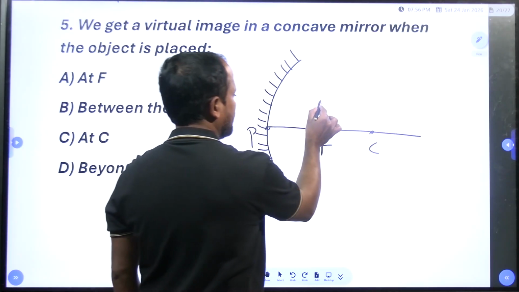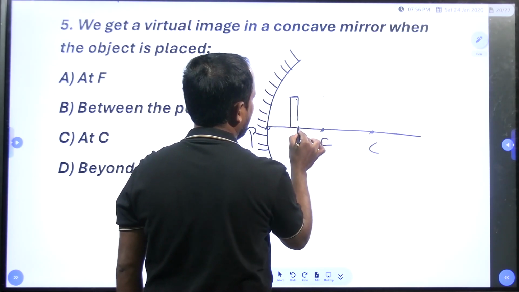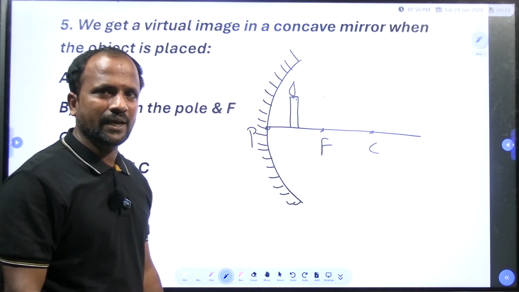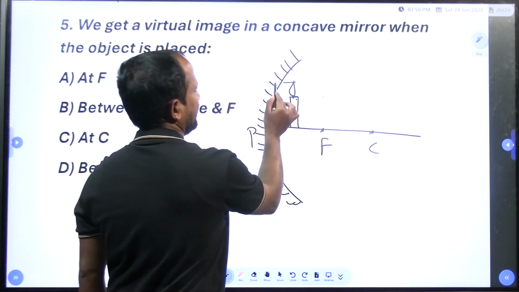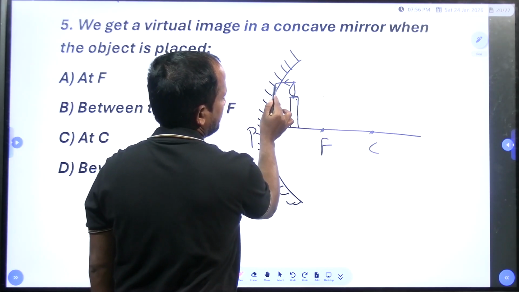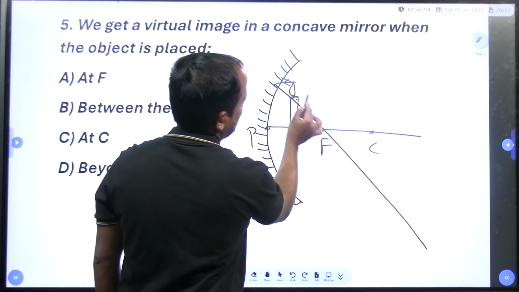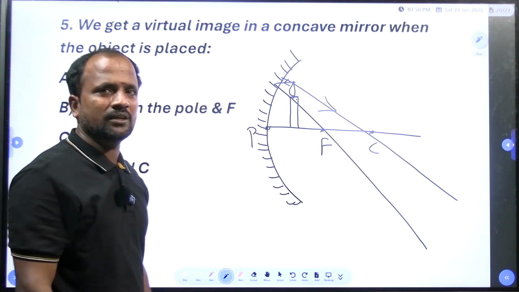If you take the object between F and P, focus and pole, the parallel ray passes through the focus after reflection, and one more ray passes through the center of curvature and can't deviate.